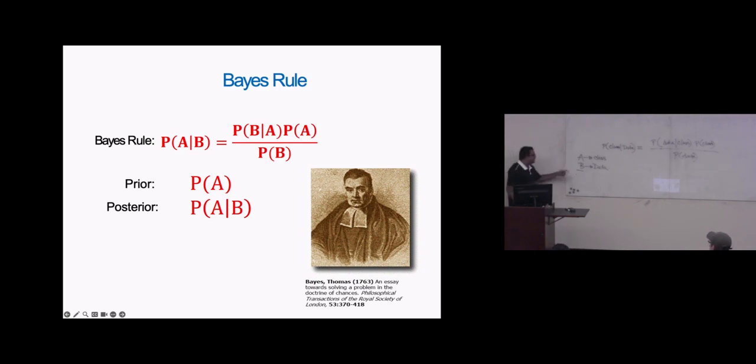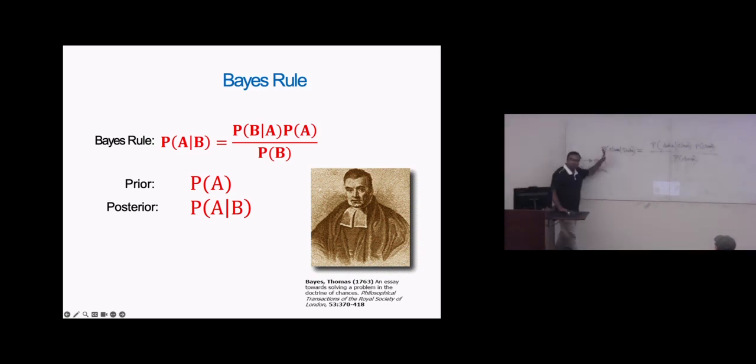I just replaced A with a class and B with data. This is the same Bayes theorem, right?